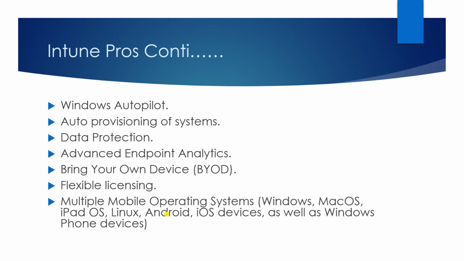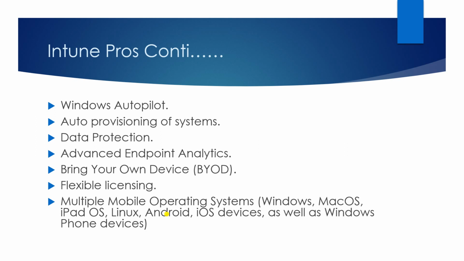Windows Autopilot. What is Windows Autopilot? Windows Autopilot is something where your machine is already ready to deploy, or when any new employee joins the company, you can immediately build their machine by using Autopilot technology.